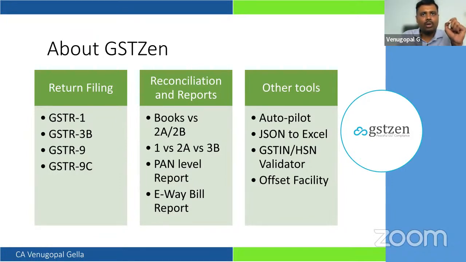Today, most of us struggle or fail during audits by not showing some credit notes, or input tax credit which has been taken not showing timely, and lose out on some reverse charge liability. So the tools available in GSTZen help in reconciling the data which is already filed. They also help in reconciling the data which was available on the portal but on which I have not taken credit.